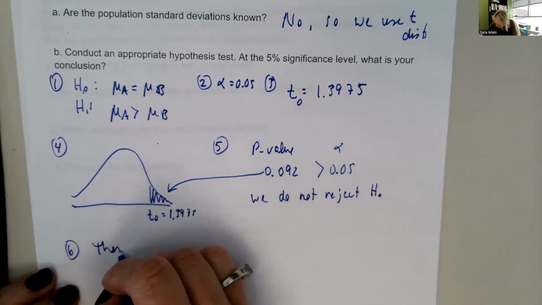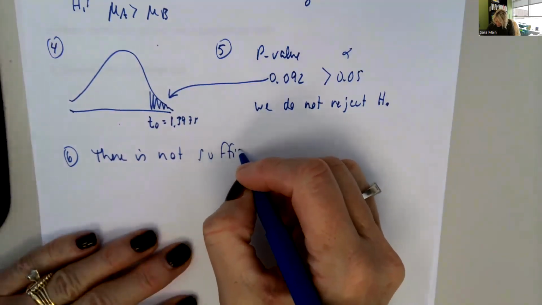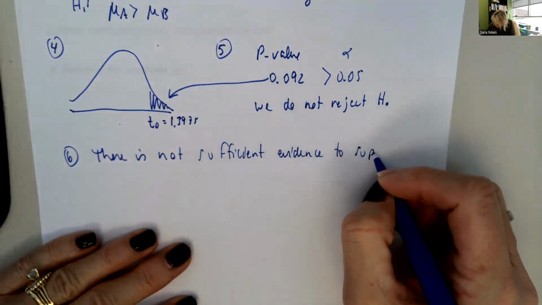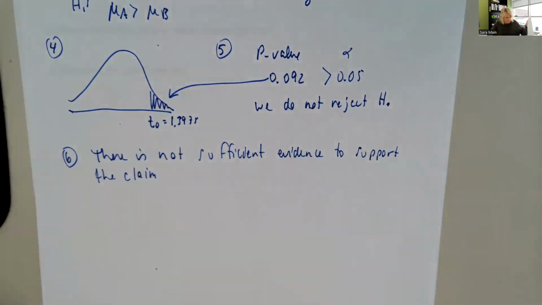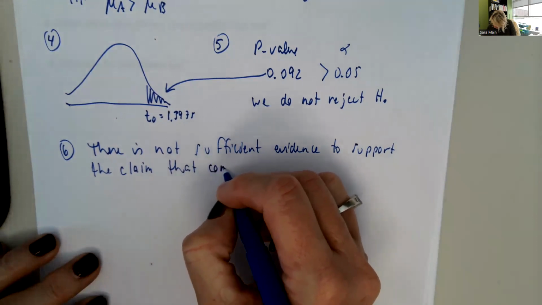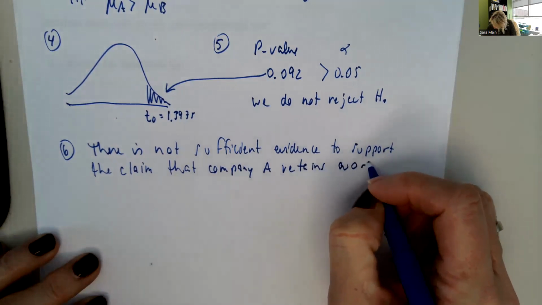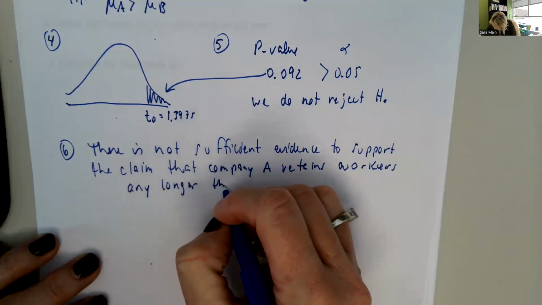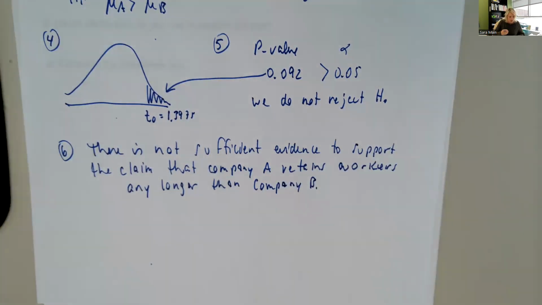And so there is not sufficient evidence to support the claim that company A retains workers any longer than company B. We have no evidence.